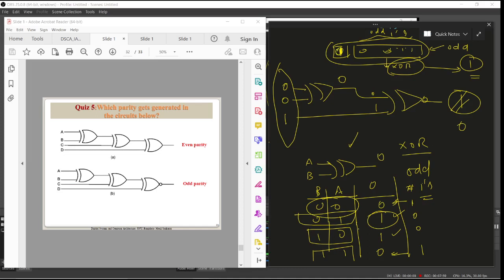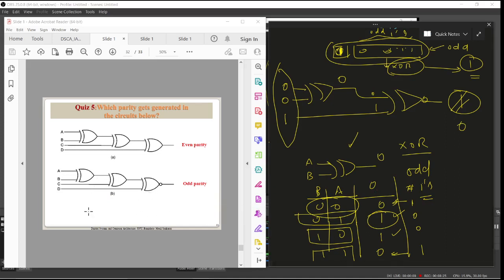That means an odd number of ones are there, and my parity is 0. So the overall number of bits in the data along with the parity is going to be odd. If I put a NOT gate in front of it, which is nothing but XNOR, I am going to generate an odd parity. Even if you don't remember the circuit, it is easier to draw it.